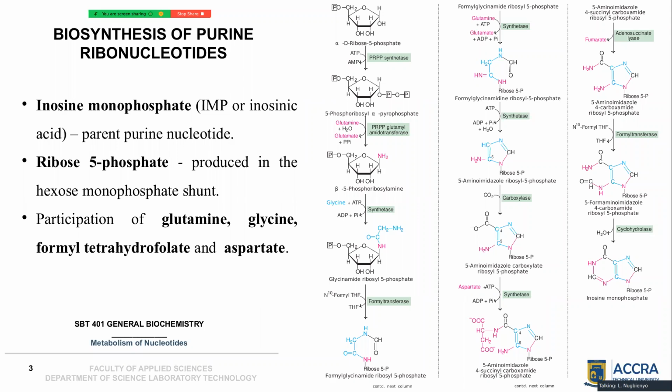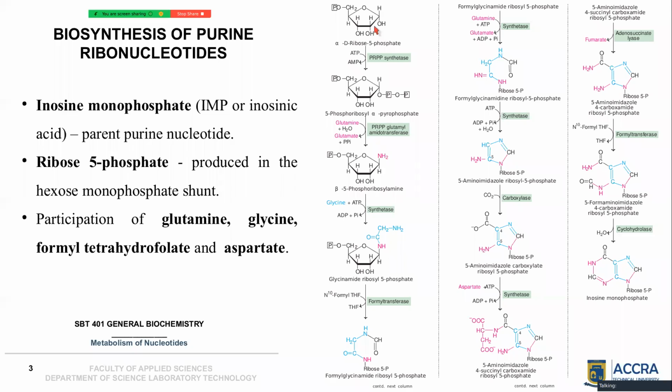We saw the pentose phosphate pathway, which is also referred to as the hexose monophosphate shunt, from which we saw the production of ribose 5-phosphate. So we can now relate the connection between carbohydrate metabolism and metabolism of nucleotides. Right from the beginning, we see that that ribose 5-phosphate comes into the synthesis of nucleotides.